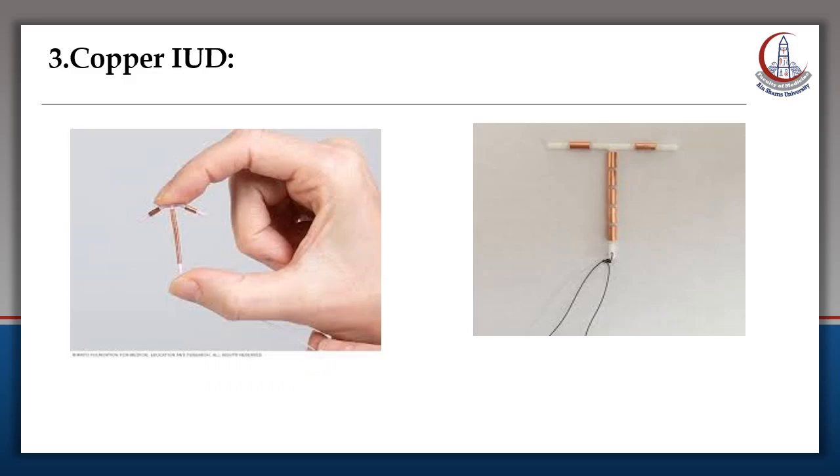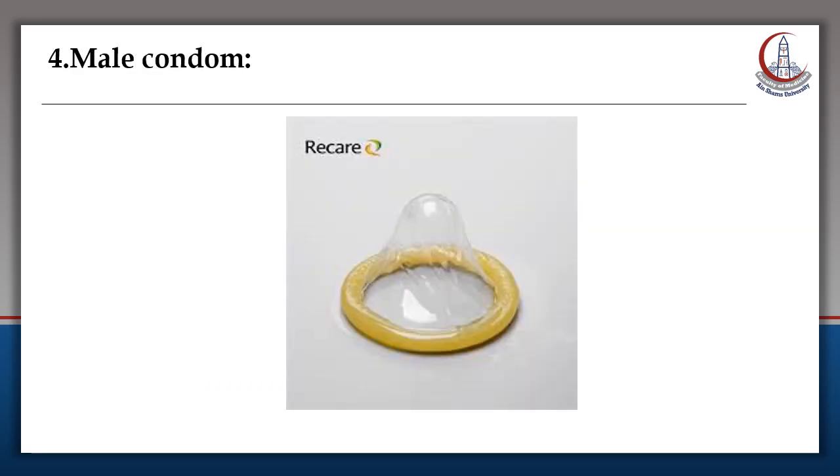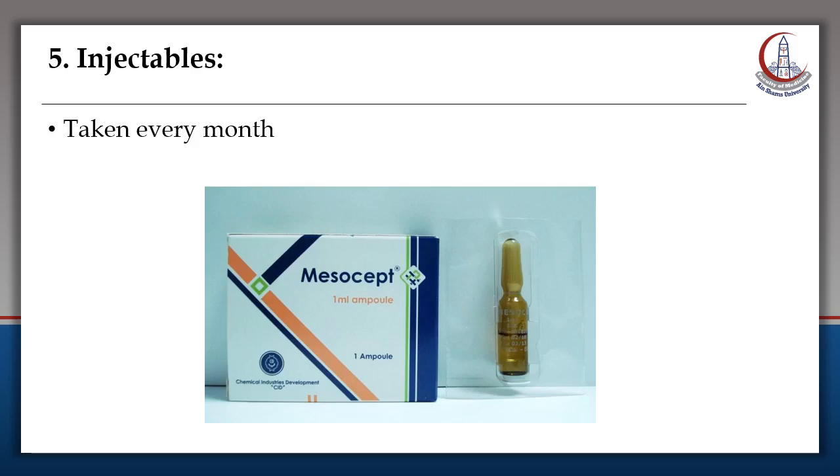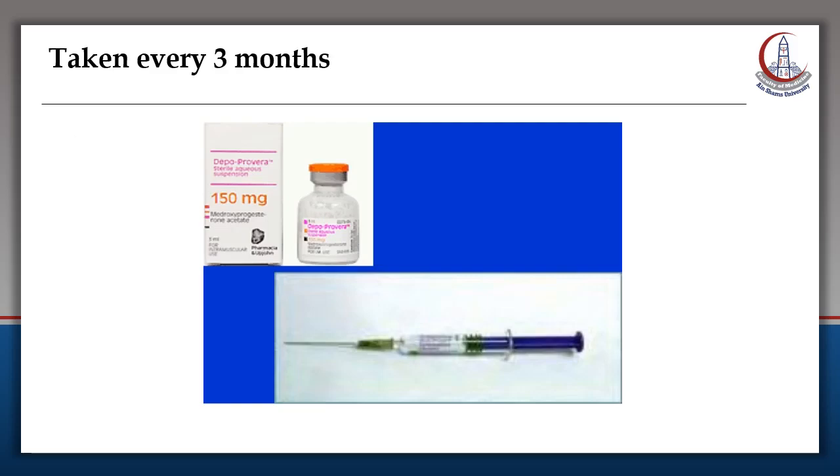It is a copper IUD, another form of contraception. Male condom, another form of contraception. And injections, either taken monthly or taken every 3 months. All these forms of contraception are served to the mother at one time in one tray, and that is called the cafeteria method.